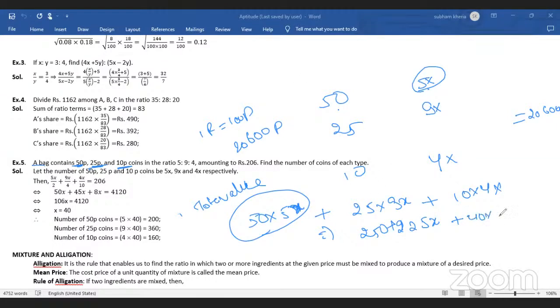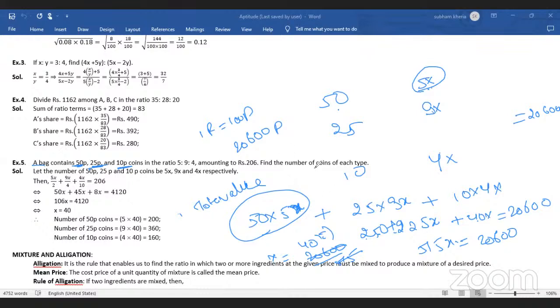Plus 40x equals 20600. So 200, 200, 400, 450, 490, 515x equals 20600. x equals 20600 by 515. See, we get x equals 40. Now when x is 40, we can find 5x, 9x, and 4x. So easy.